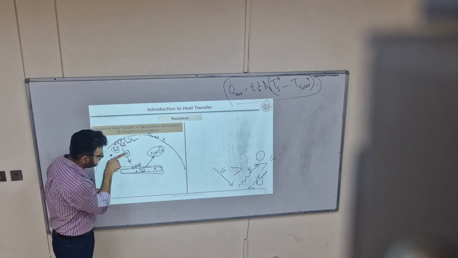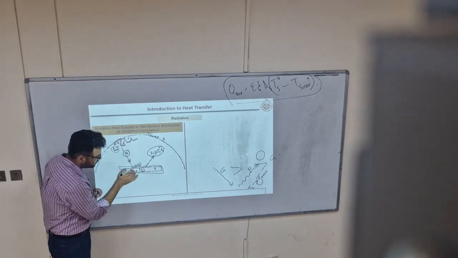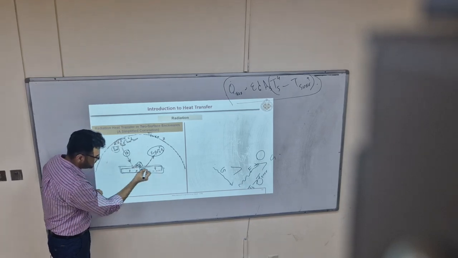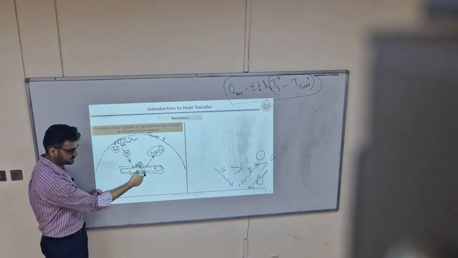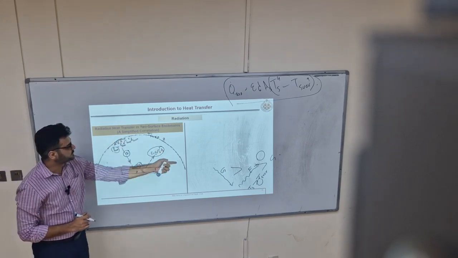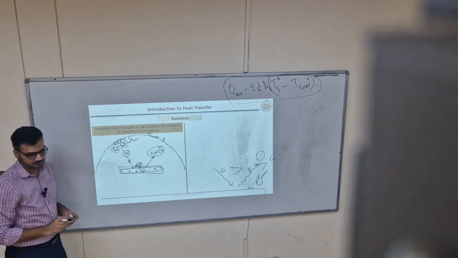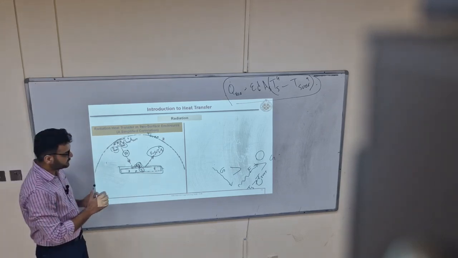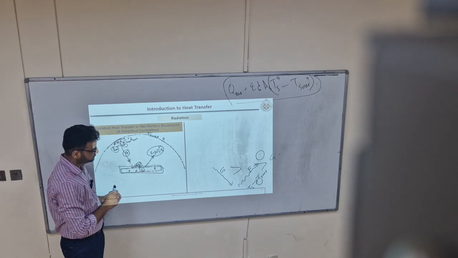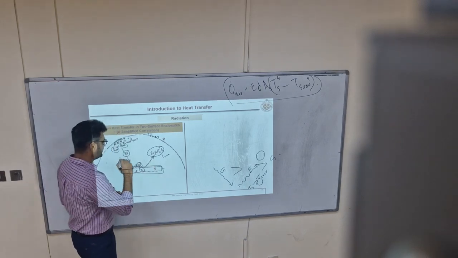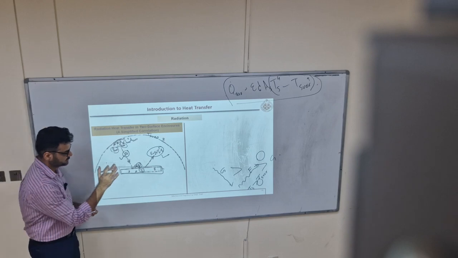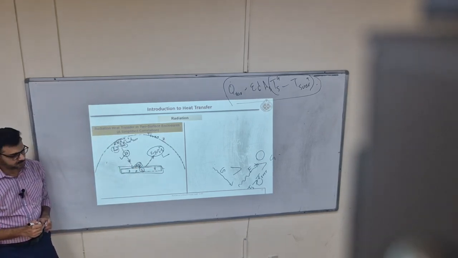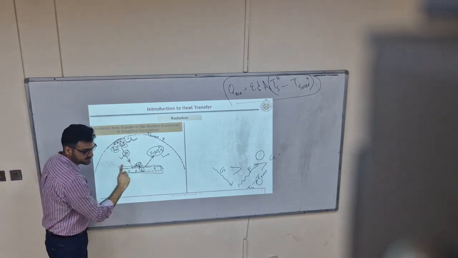So this will be falling on that body and a part of it will be absorbed. Here I am using S for this body, body 1 as surface, body 2 as surrounding. Okay. Now what will be the net radiation heat exchange? This minus this is what will be here. Okay. If I just see this body, this is my system.